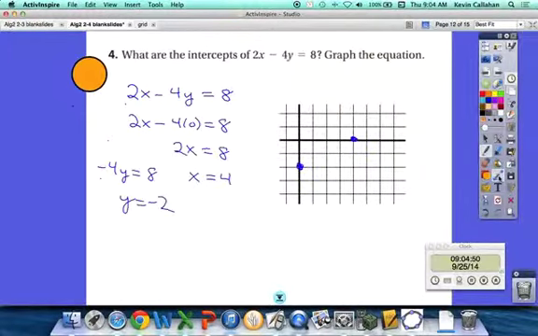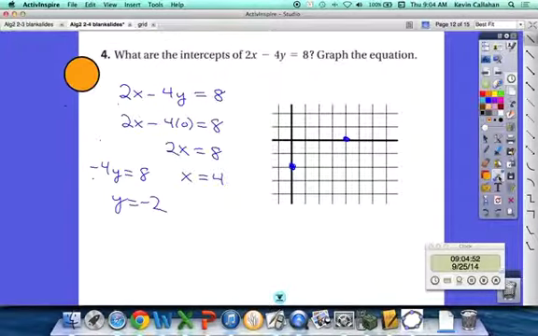Connect those two with a line. So use the intercepts. If it's in standard form, that is the one thing that makes standard form very useful. It's easy to graph using the intercepts. Just cover up one, cover up the other.